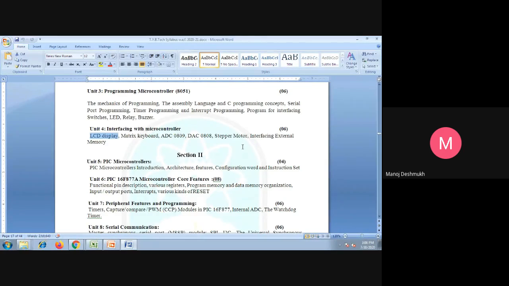Mention it in short, with the 8051 microcontroller.